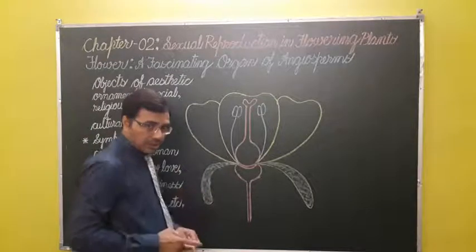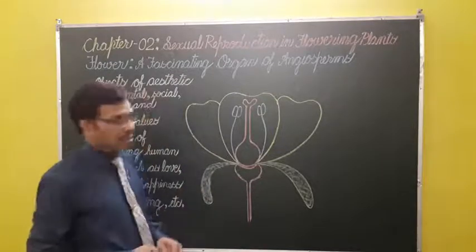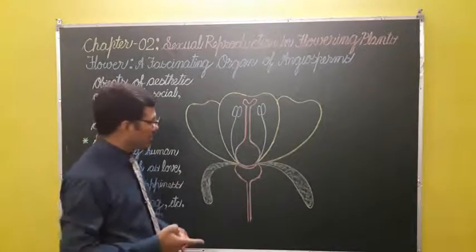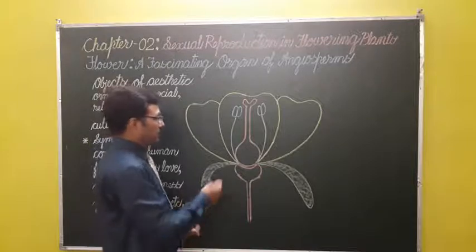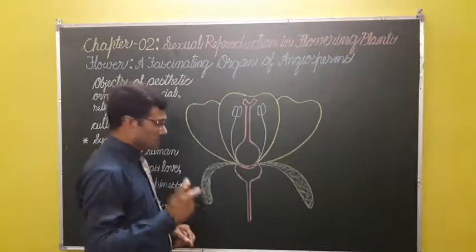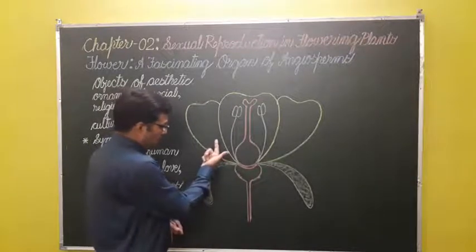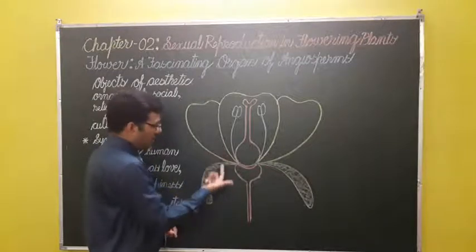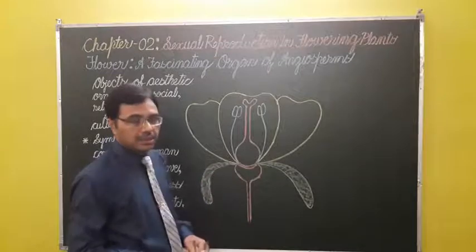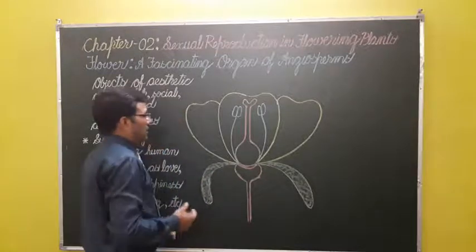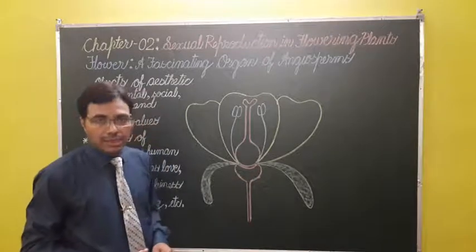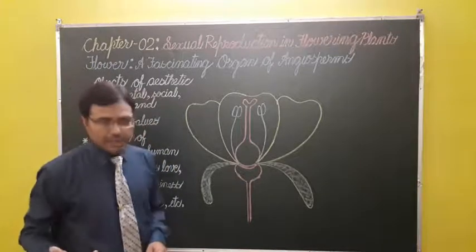Petals, as I told you, attract the insects for the purpose of pollination. Now the corolla and the calyx are the non-essential whorls of a flower. Why? Because they have nothing to do with reproduction.